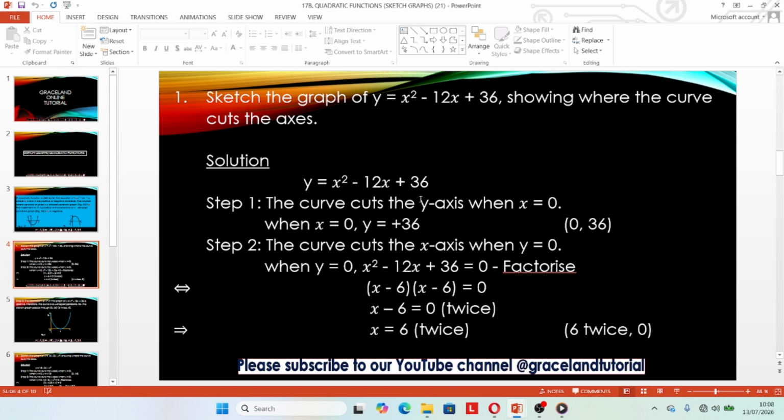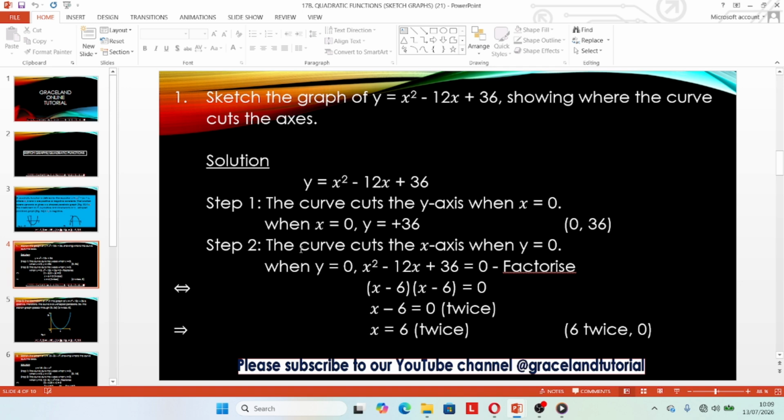So if x is equal to 0, the curve is going to cut the y-axis at plus 36. So the coordinate there is 0, 36. When x is 0, then y will be 36.